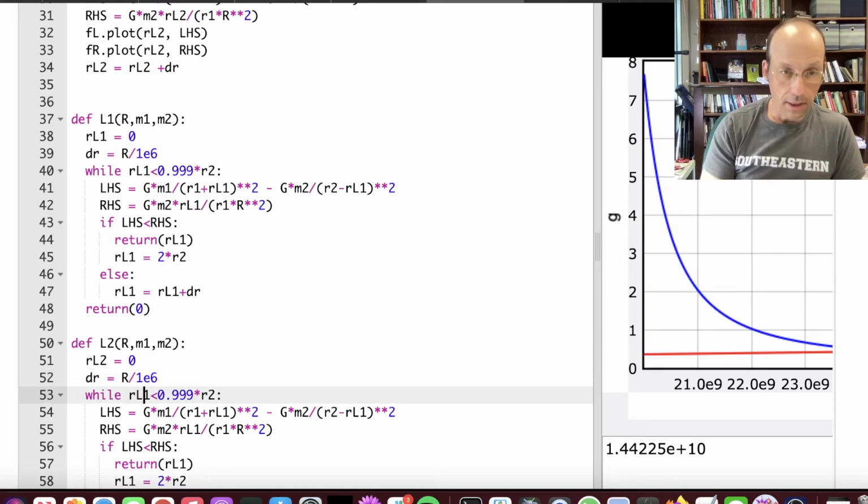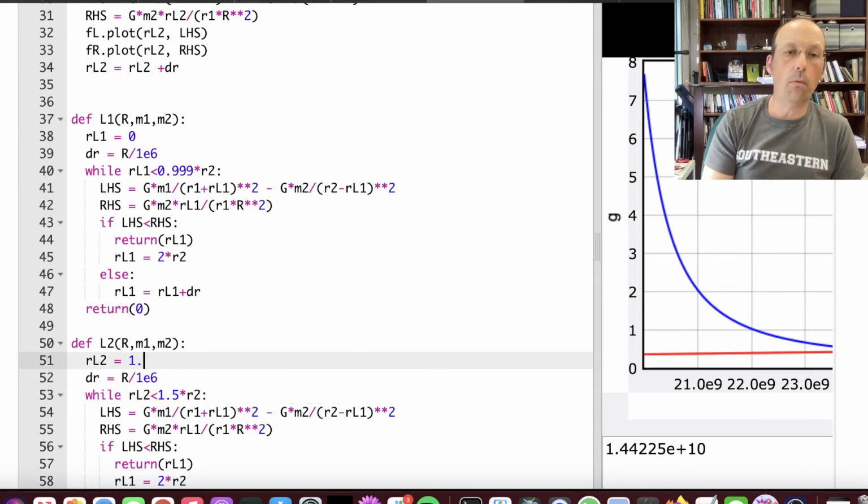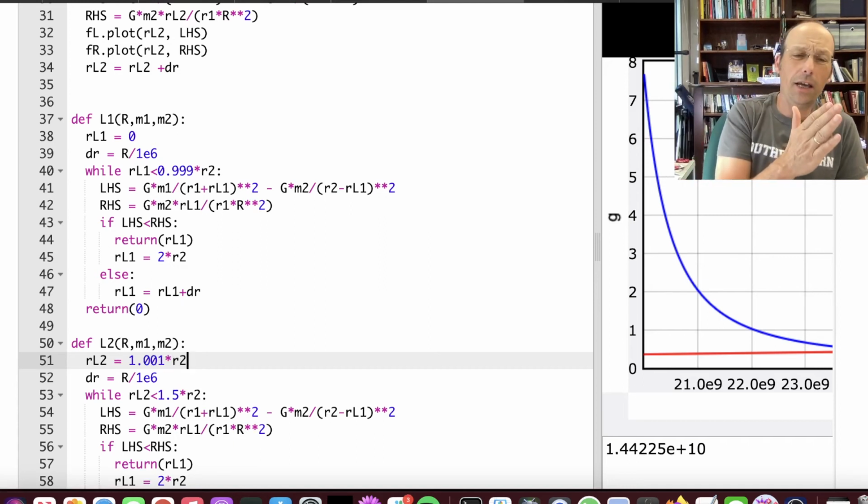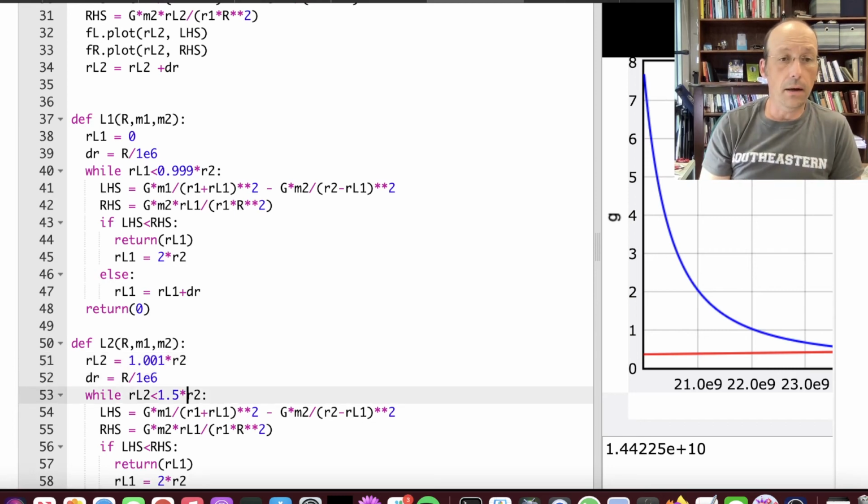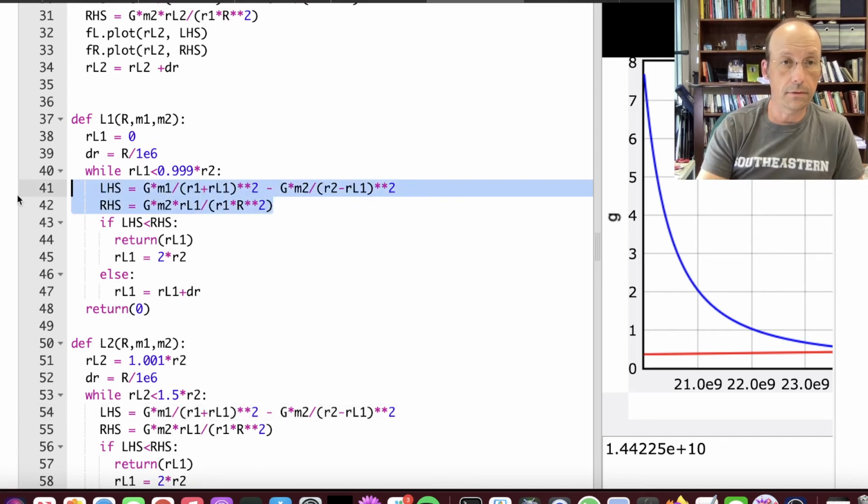Our L2 is, and I'm going to say 1.5 times R2. And then we said this was equal to, I'm going to put 1.001 times R2, right? Because I don't really care about graphing it, so I can start as close as I want. It doesn't really matter. This I need to change. I can just copy this stuff.